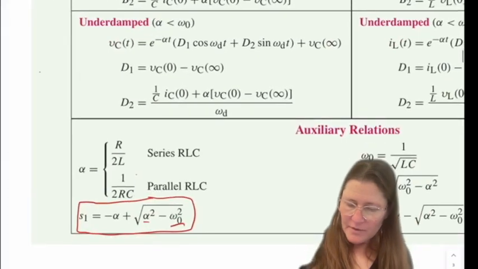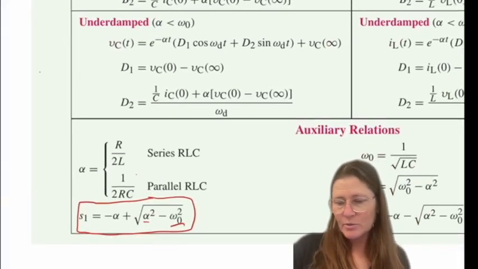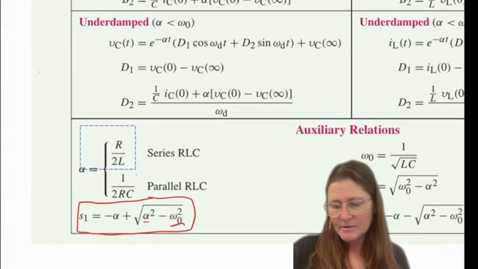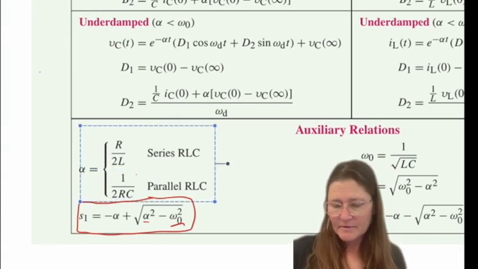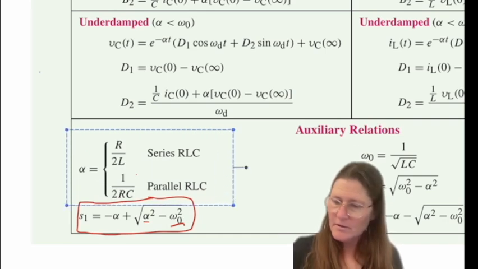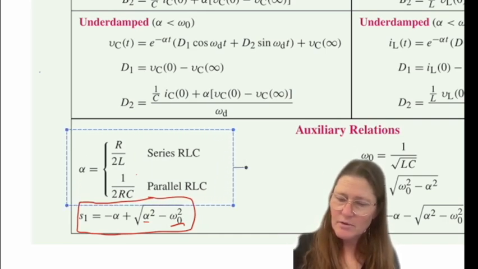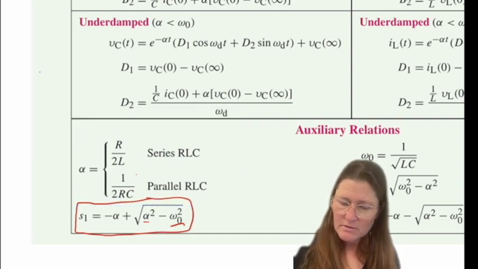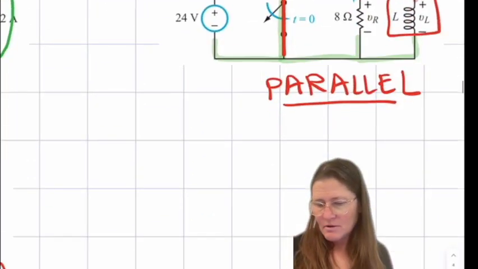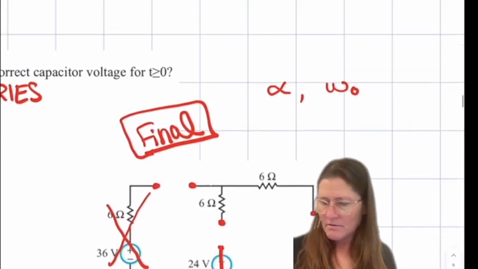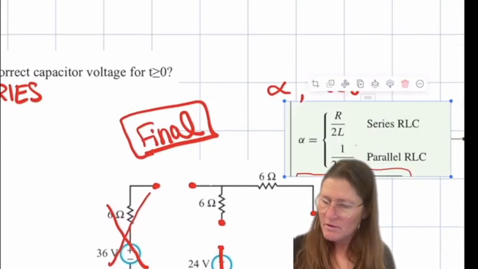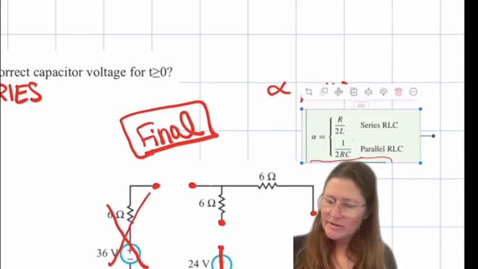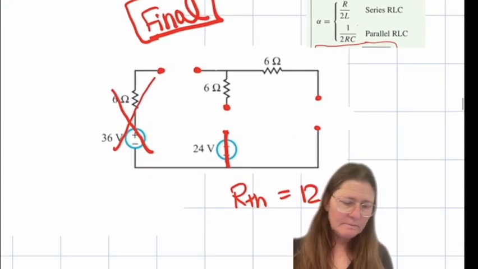And then from here, I identified that it was series, so it's just R over 2L.